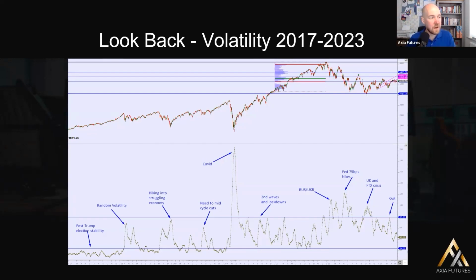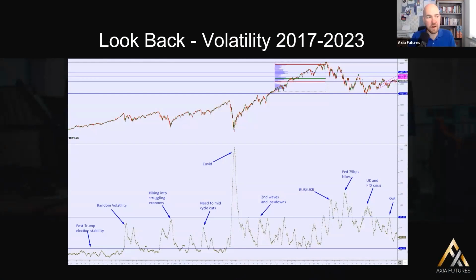Now, the question really comes down to, what situation are we more like at the moment? We've still got a few unanswered questions about the economy and how things are going. We still potentially have some banking risk as well. So we may well be able to suggest that we're somewhere over here.